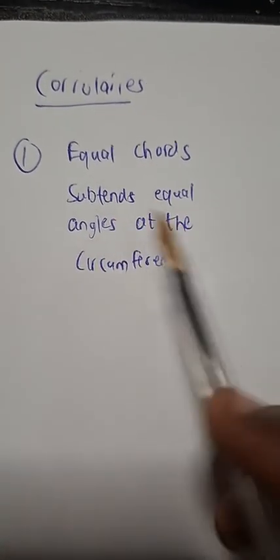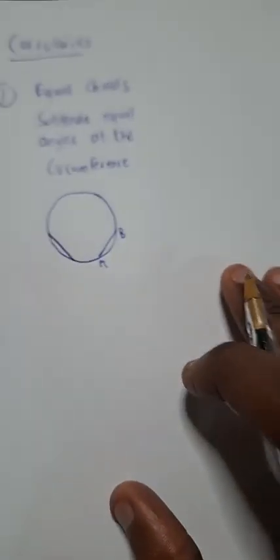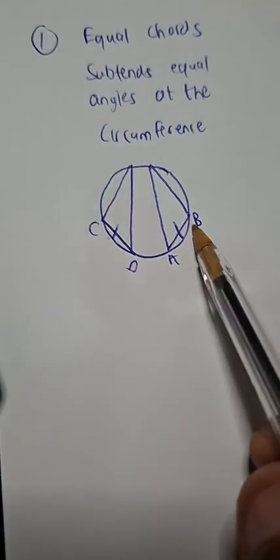Equal chords subtend equal angles at the circumference. So there's this corollary, which is a direct result of angles in the same segment. If you perchance have two chords, so this, for instance, is chord AB, and then there is chord CD, and these chords are equal in length.